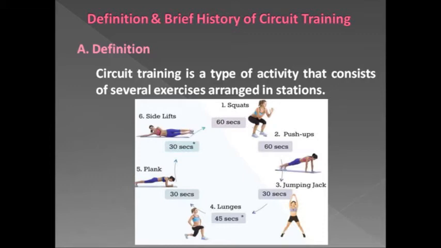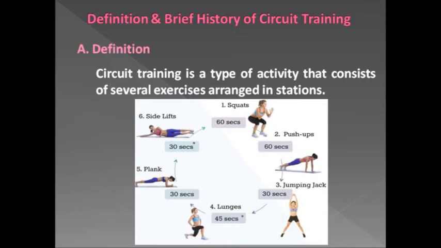After your last activity, you will have 3 minutes of rest interval before you proceed to the first activity again. So you're going to repeat the round. Again, after each station, you have 15 seconds of rest. Then after a round, you have 3 minutes of rest interval.